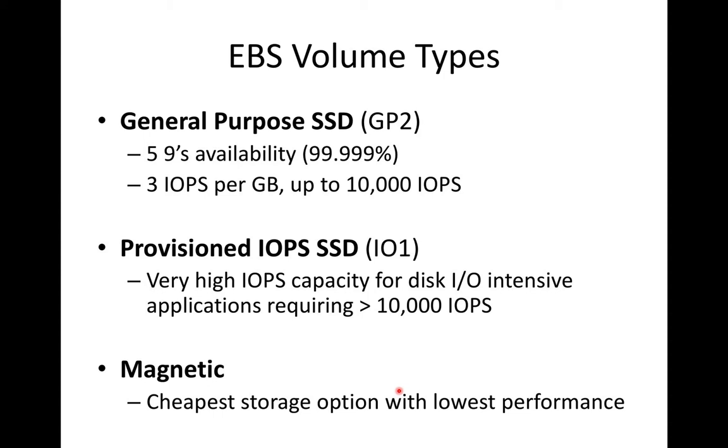These are applications that require more than 10,000 IOPS, so very large, high transaction database sorts of applications. And then finally, some EC2 instance types still support the old traditional magnetic storage. This is your old traditional magnetic hard drive. This offers the cheapest storage option, but it has the lowest performance of the 3 different volume types.